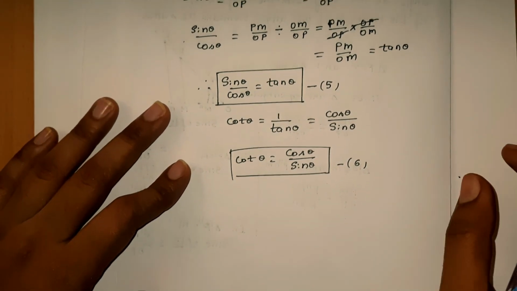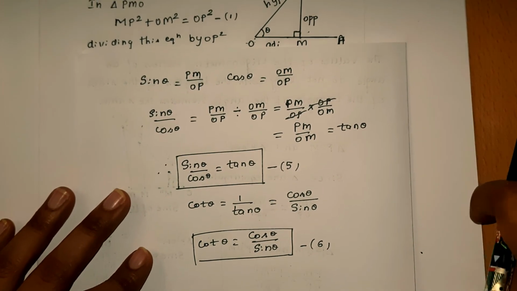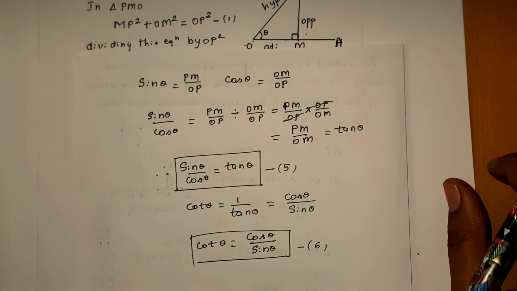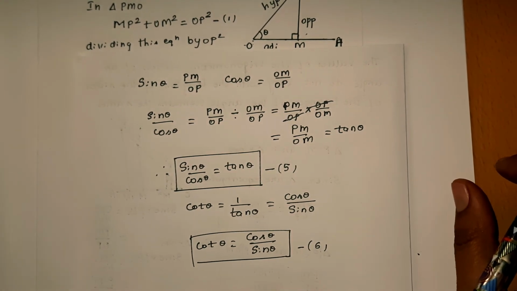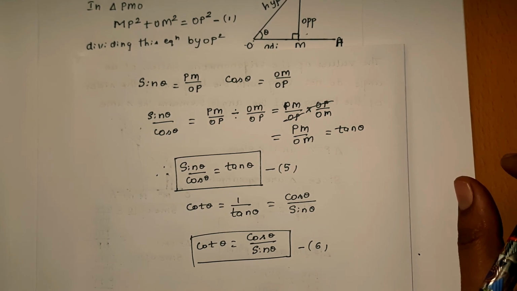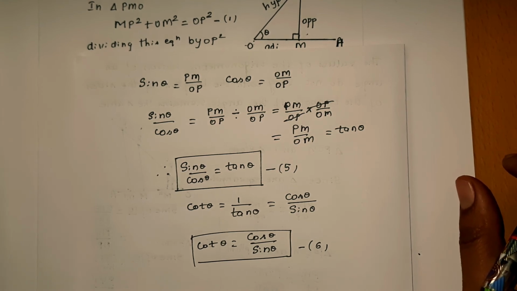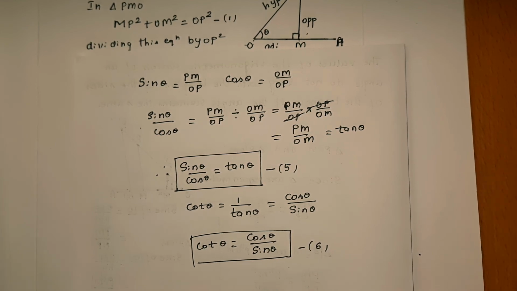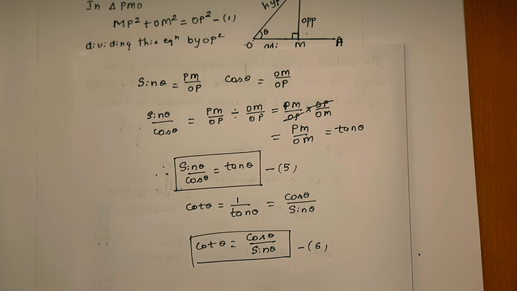So whenever you are going to learn trigonometry, first you need to learn the trigonometric ratios properly, then only you can apply them for problems or applications. Based on that, you can solve different problems.